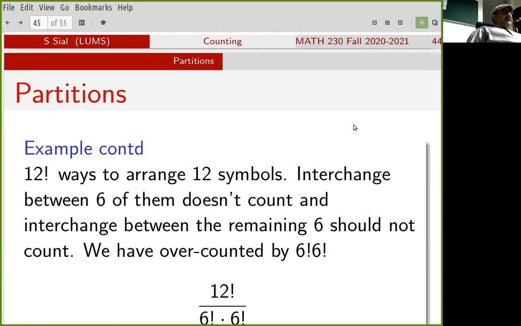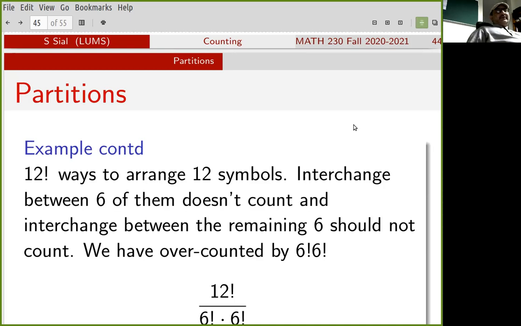And then I'm going to put a line here down the middle, so there's 6 on one side and 6 on the other side. That's the same as saying I'm going to put these 6 in this drawer, and these 6 in this drawer.